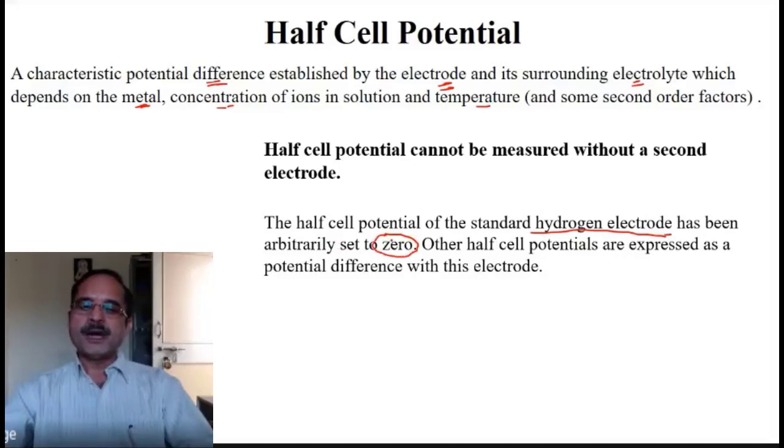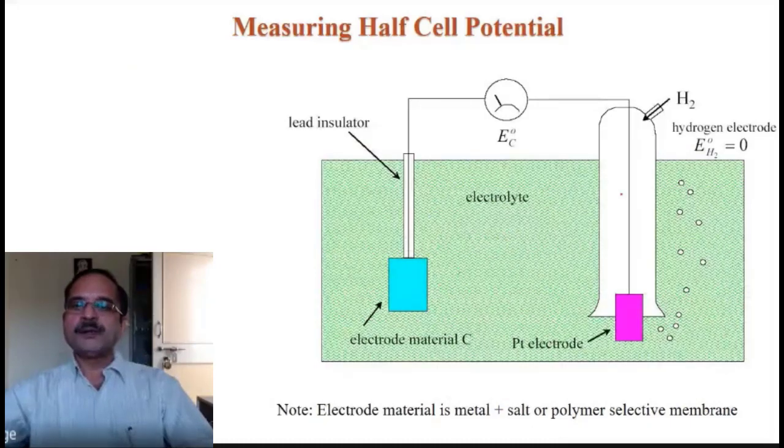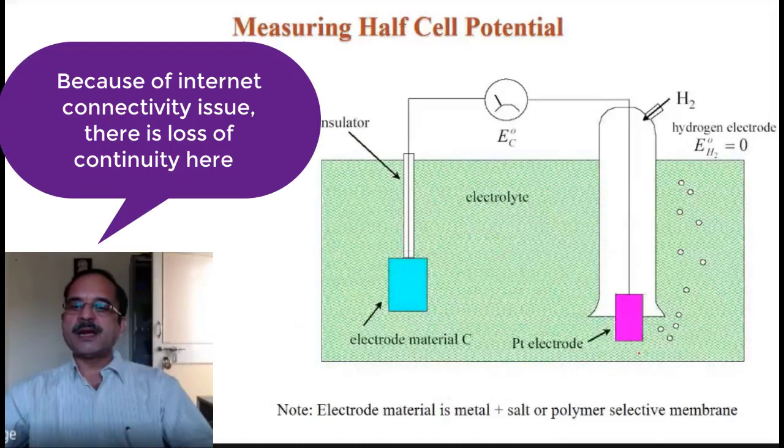The actual potential of the hydrogen electrode is not 0, but it is taken as a reference. So we set it as 0, and with reference to the hydrogen electrode, we measure the potentials of all other electrodes.